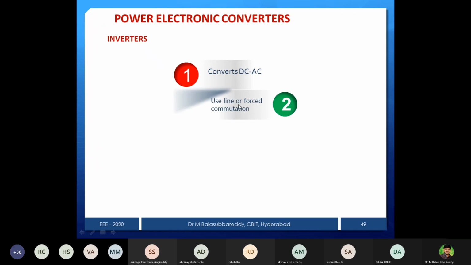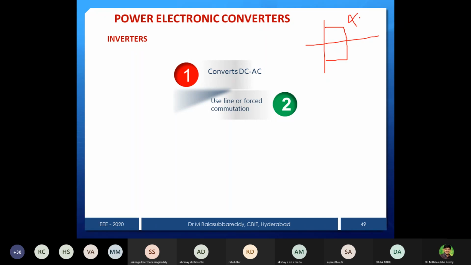And the next point you can see is to use line or forced commutation. Line commutation will be used only in the case of a rectifier if alpha is greater than 90 degrees. The mode we noticed in the introduction class, you can see the graph something like this, 2 quadrant operation.